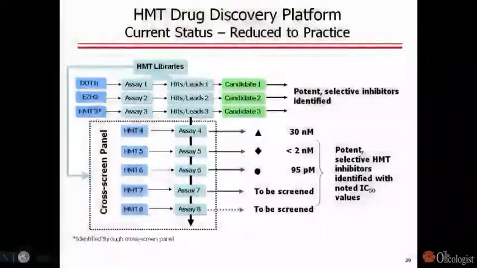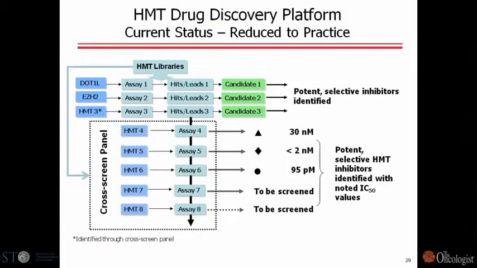And indeed, HMT3 started as a program because of an interesting chemical matter that was identified in our cross-screening panel that came along simultaneously with literature that suggested a strong role for this enzyme in a particular type of hematologic cancer.